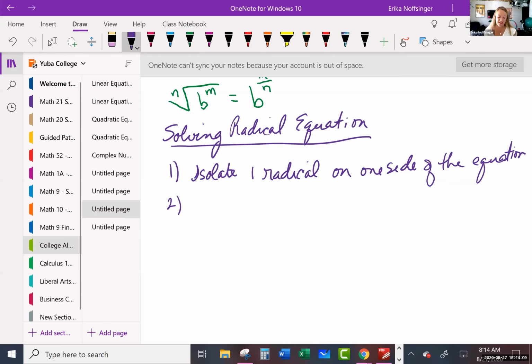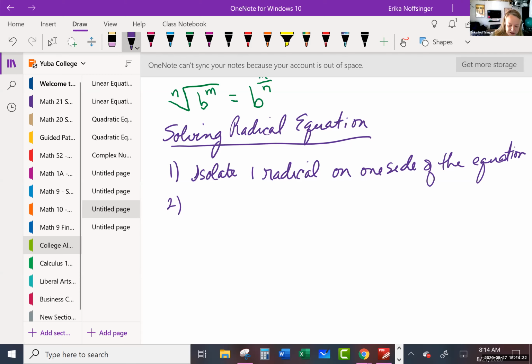And once we've done that, we're going to use this property above to get rid of the radical. If we do power to power, it's multiplication. So basically, if you have a square root, to get rid of the square root, we want to square both sides. If we have a cube root, then we want to cube both sides. If we have a sixth root of something, we want to raise both sides to the sixth power.